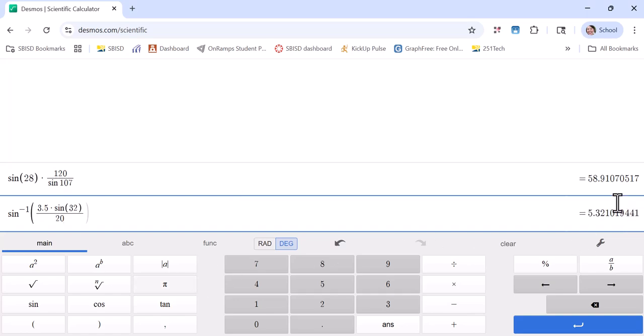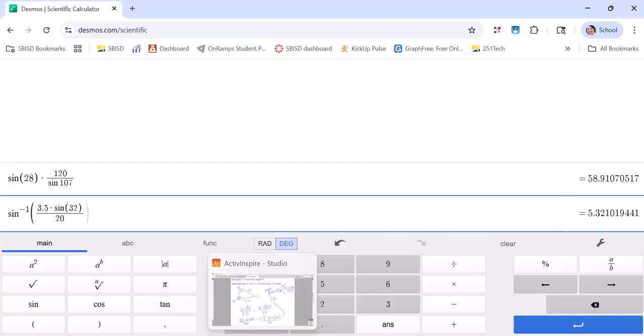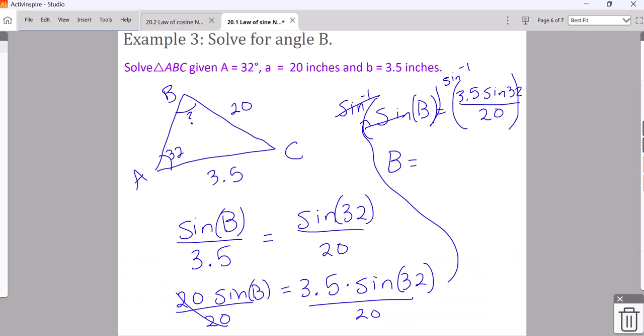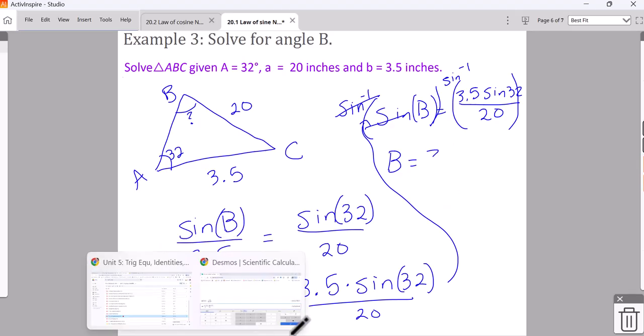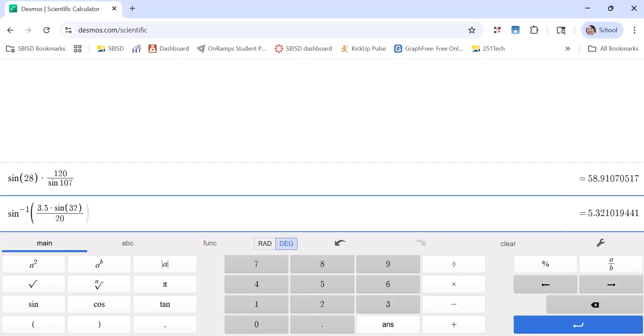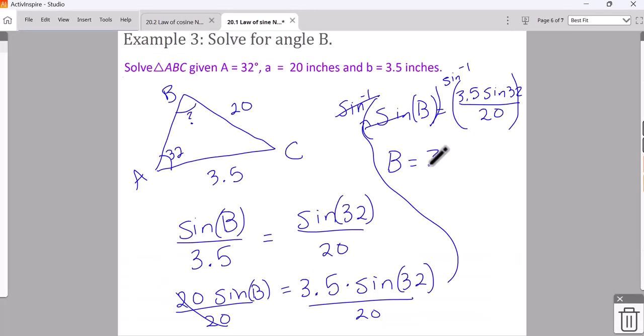We end up with an angle measure of 5.3. We are rounding everything to the tenths place today, I believe. So we have 5.3, and make sure that if it's an angle measure, you put degrees with that.